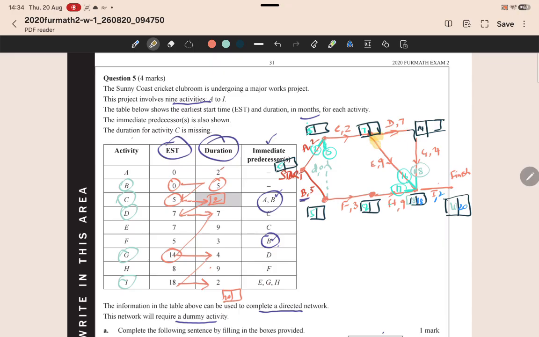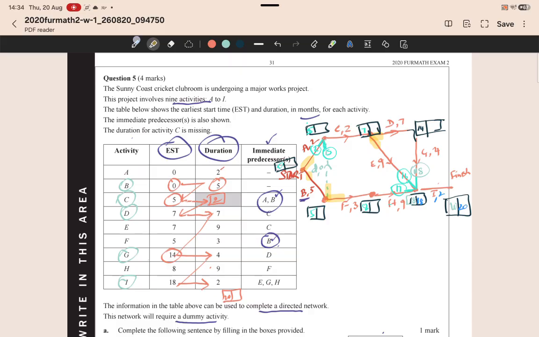So we'll be making a choice here. We'll be making a choice here, and we'll be making a choice here because we're going in opposite direction to the arrows to where multiple edges meet.